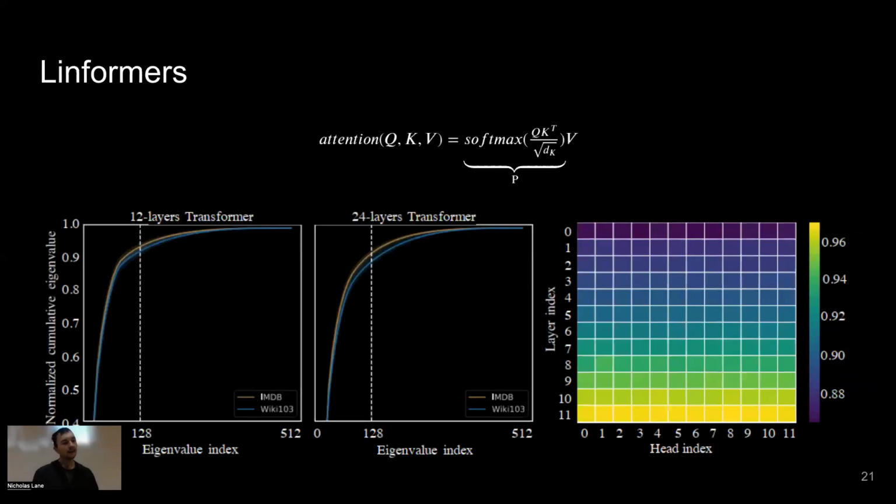Let me tell you about Linformer. This is another idea for simplifying this bottleneck in transformers that again has echoes of the designs of what we see happening in CNNs. The idea is that if you look at this equation here, which is just the same description of attention that we saw earlier, what these folks do is they treat this calculation as P, and then they decompose P into a few smaller matrices.